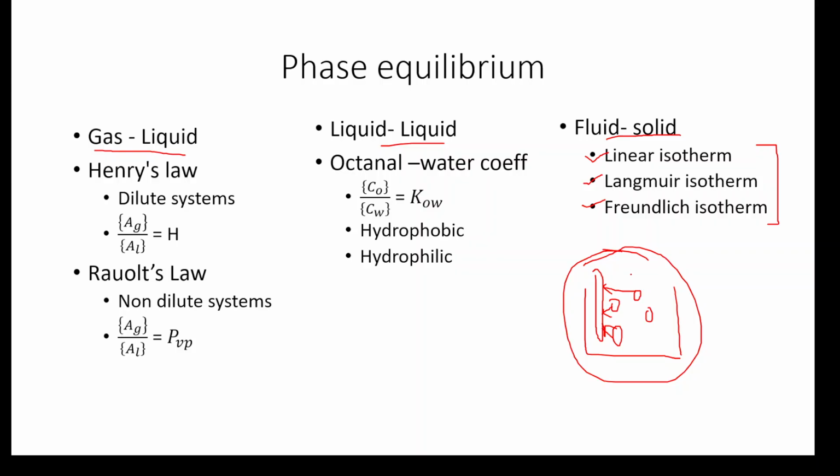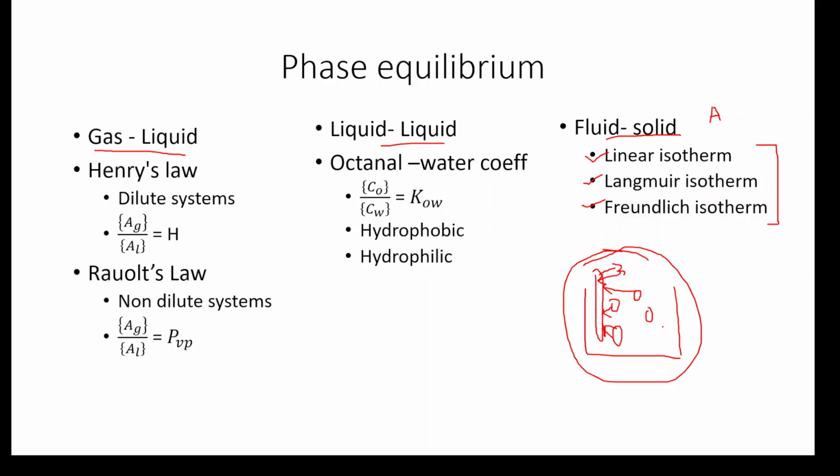Here fluid and solid are exchanging some particles, so there is some relationship between fluid and solid. Small particles are leaving the fluid and attaching to the solid surface. This process is called adsorption. Because of this interaction, an equilibrium forms between the compounds which are coming and sitting on the surface and those which are coming out of the surface.